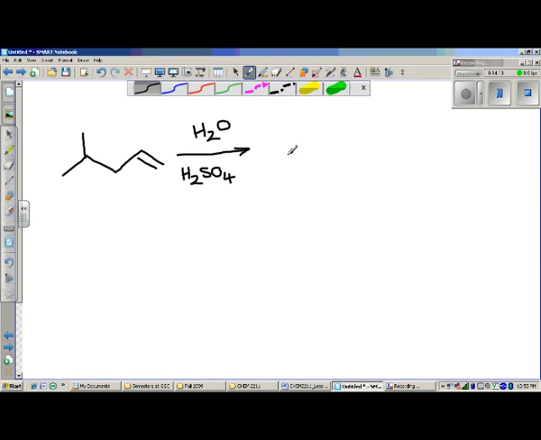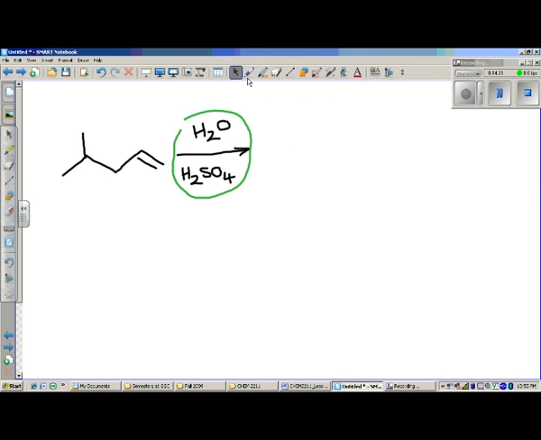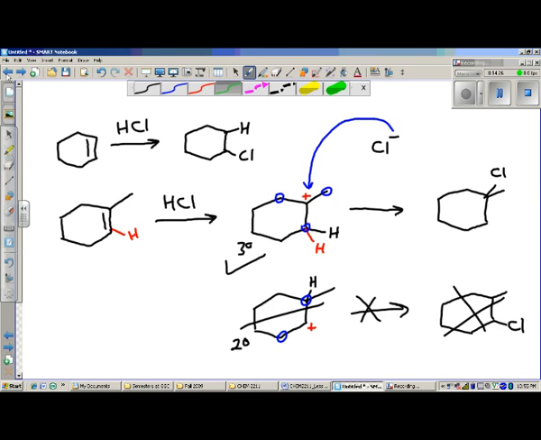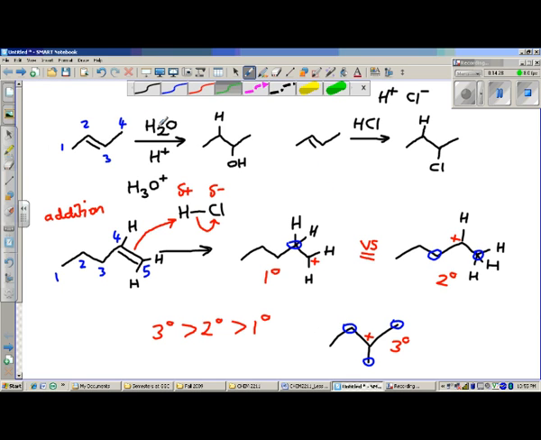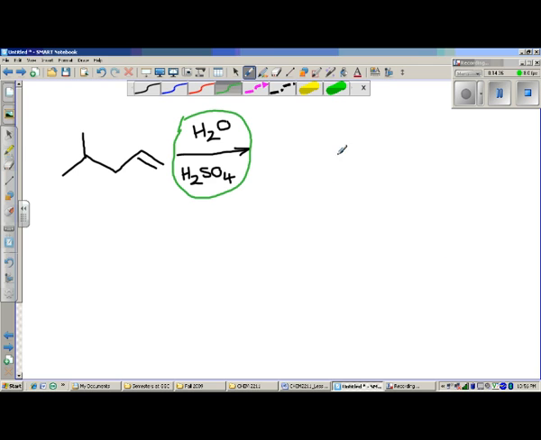What we're going to do first is draw out the product, and let's see if we can figure out the mechanism. The important thing to remember here when we're adding H2O and H2SO4 is what I said a couple of slides ago. When we have H2O and an H+ catalyst, we're going to be forming an alcohol. We're still going to be following Markovnikov's rule. So let's draw out the product here first.